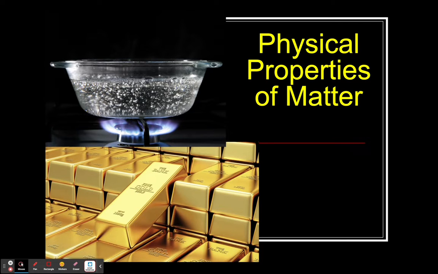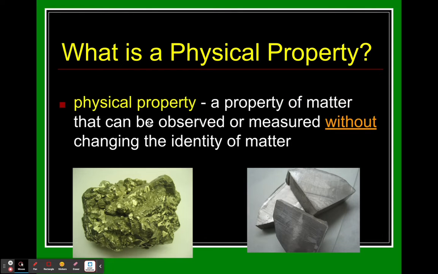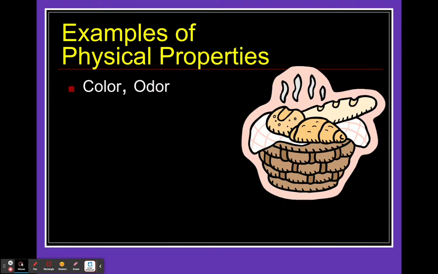You can see that it's boiling as well. A physical property is a property of matter that can be observed or measured without changing the identity of matter, which means you don't destroy it, you don't change it. You can just look at it and determine what its properties are.